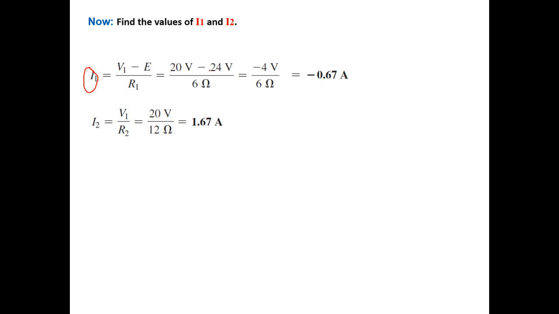So 20 minus 24 over 6, you will get in the end minus 0.06 ampere. For I2, we know that the voltage across resistor number 2 is the highest point minus the lower point, which is the nodal voltage V1 minus the reference, which is 0, so it's V1. So 20 over its resistance, which is 12, is equal to 1.67 ampere.